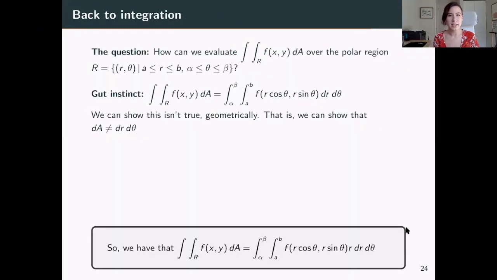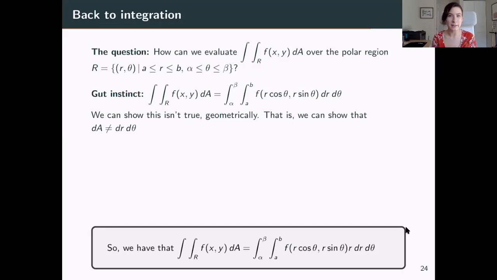Now that we have an understanding of polar coordinates, I want to shift into discussing how we can use polar coordinates in double integrals. Remember that the motivation for switching to polar coordinates was that sometimes we could have a circular region that would end up with limits of integration that resulted in a really nasty integral to evaluate.